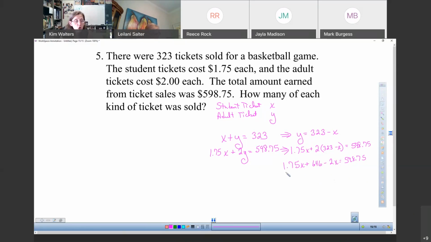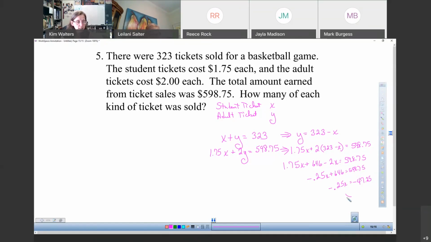Simplify before I solve. So I collect my x's together. I get negative 0.25x plus 646 is equal to 598.75. Subtracting that from both sides, it's going to give me negative 0.25x is equal to, watch out because you're going to have a negative here, negative 47.25.